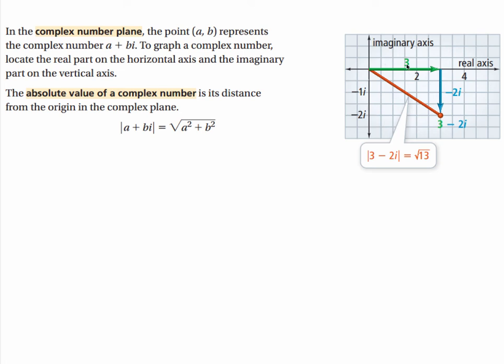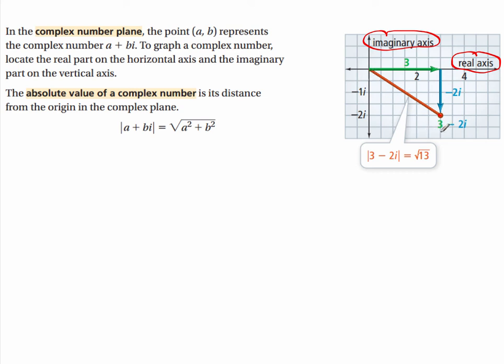We graph things in the complex plane. In the complex plane, we take the x-axis, and we call that the real axis. We take the y-axis, and we call that the imaginary axis. The absolute value of a complex number is the distance that point is from the origin.